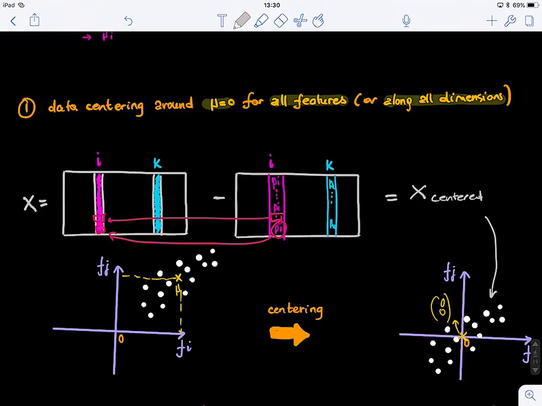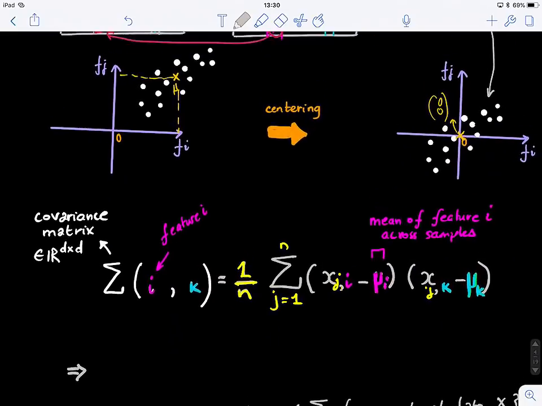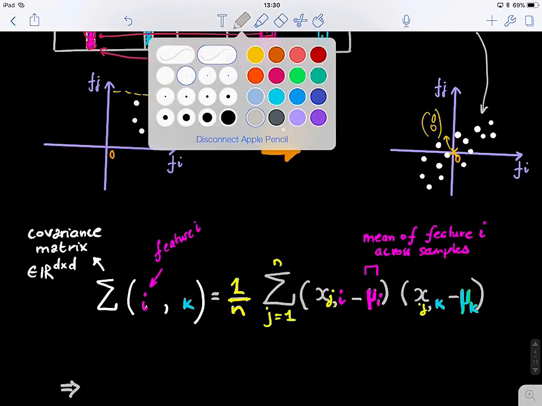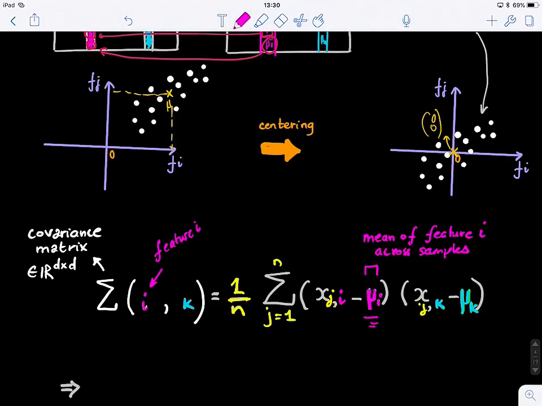Okay, great. Now let's look at how we will update this covariance formula. Here we want to compute the same thing, but the mean will be equal to 0, right? Because for the new centered data, this mean will be equal to 0. So then I just need to remove it, and I remove this one.